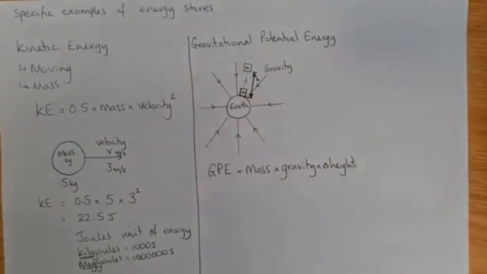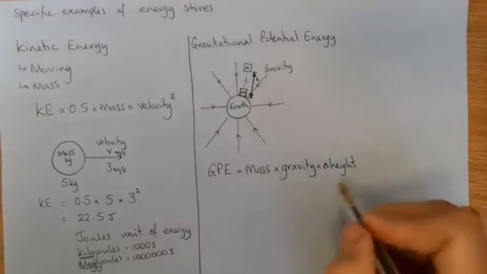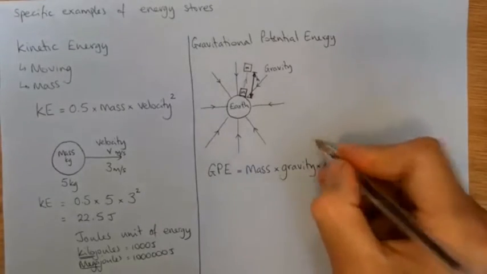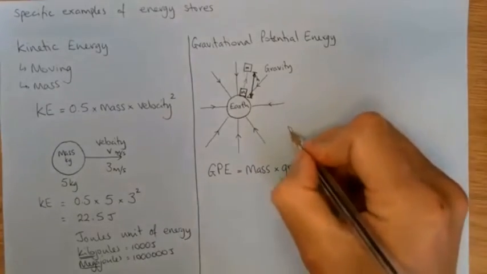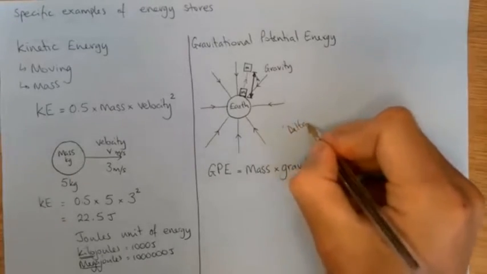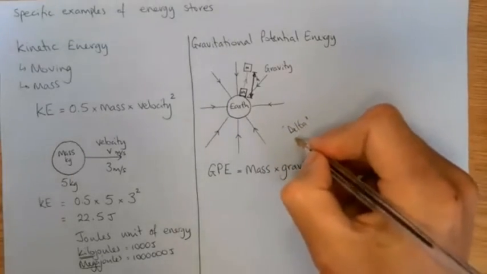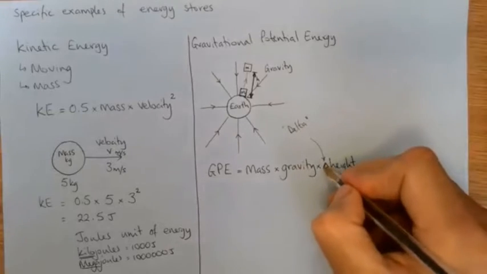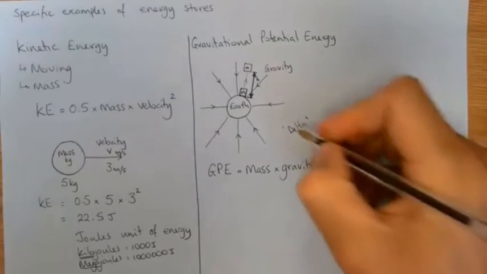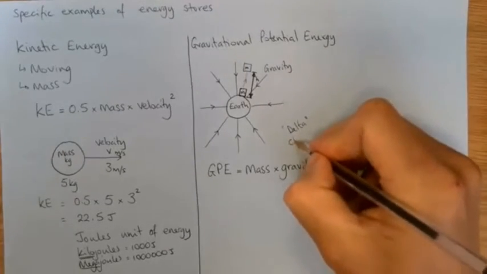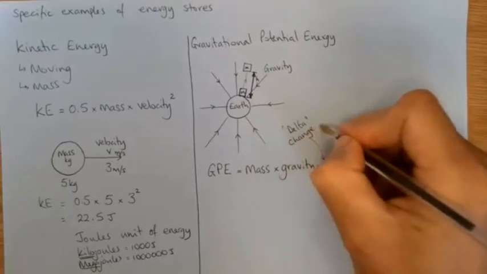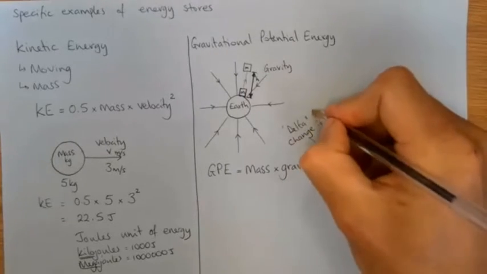Okay, so what we've got here, a new symbol. This is delta, and in physics, delta, it's a Greek letter, so shown as a little triangle, means change in. So that's what it is.